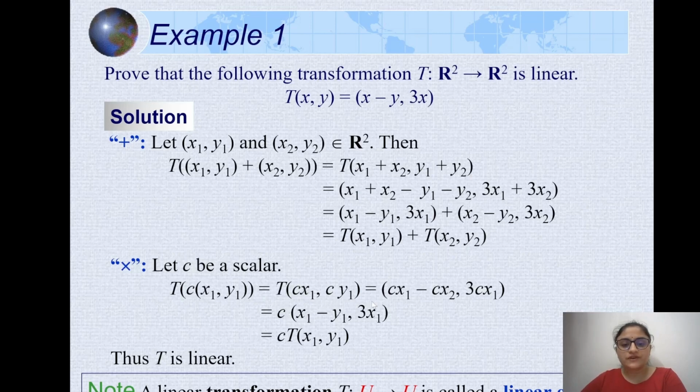Under the action of T, it turns out that T applied to c times (x1, y1) is c times T applied to (x1, y1). Hence we can say that T is a linear transformation. When the domain and codomain vector spaces happen to be the same, so T from U to U, it is called a linear operator.